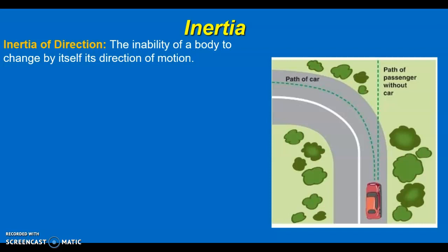moving it and changing its direction, the inertia of the passengers' bodies tends to say, "No, I want to keep moving straight like we were doing before." So they feel that when they're moving along this U-turn, their bodies move a little bit to the right in this case, trying to keep moving in the same pathway that they were moving before they went around the U-turn.